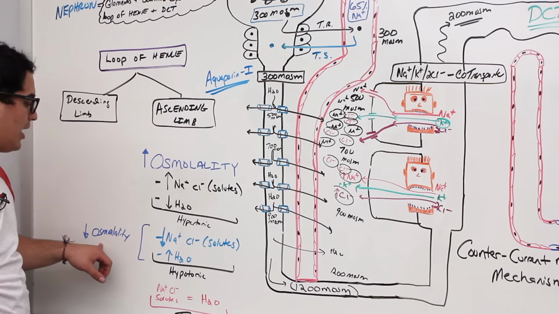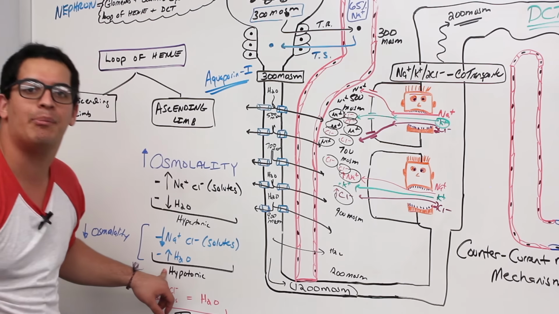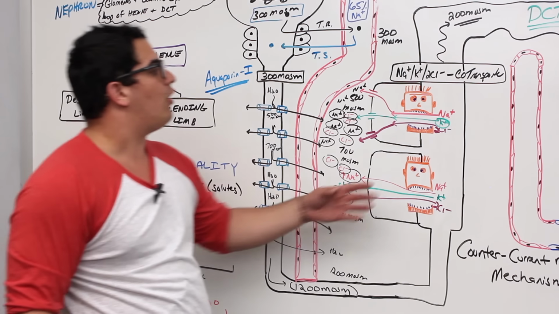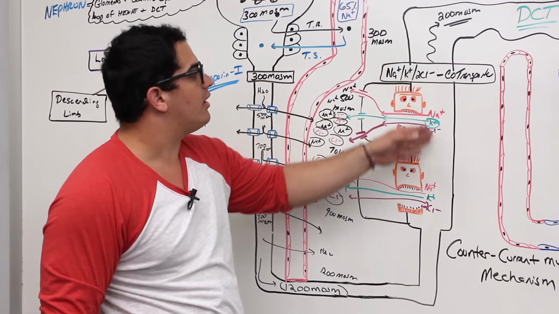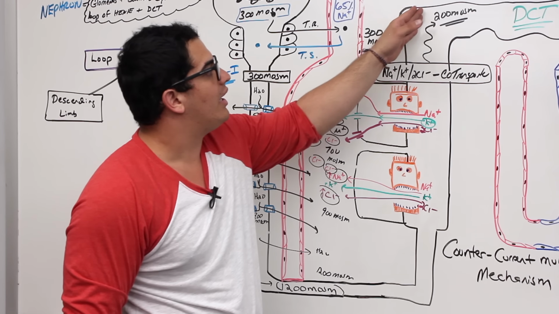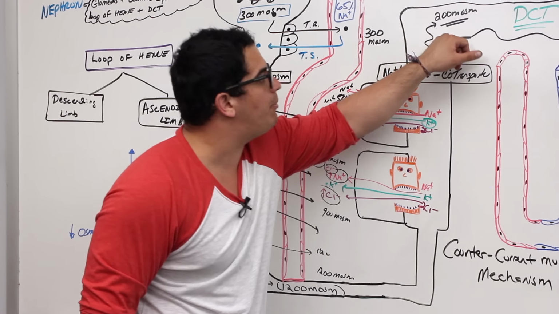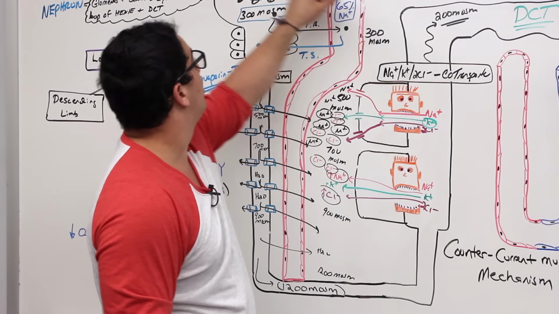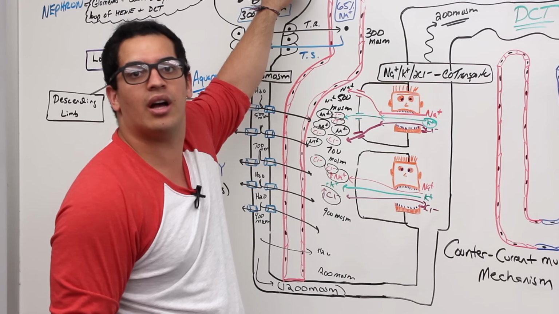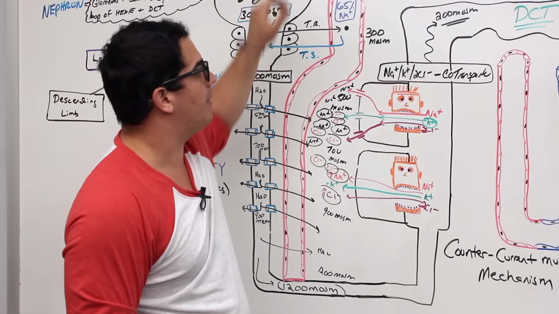So you have a low osmolarity. That's referred to as hypotonic. So now, as the fluid leaves the ascending limb of Loop of Henle, it now is considered to be hypotonic with comparison to what? The plasma osmolarity of 300 milliosmoles. Okay?